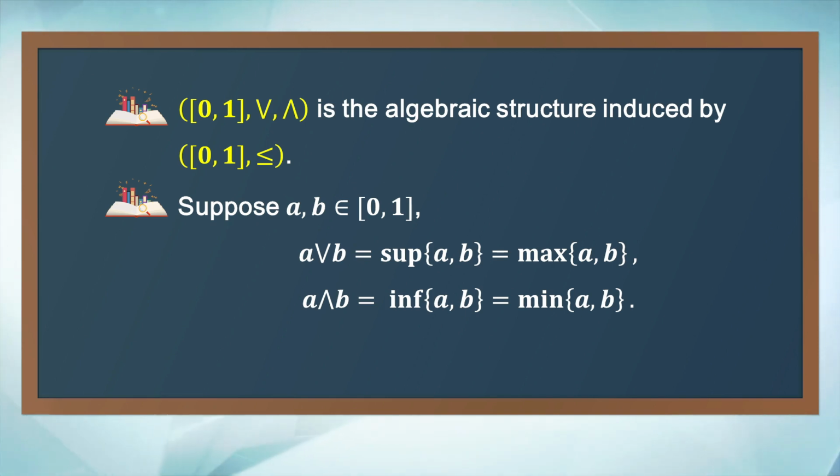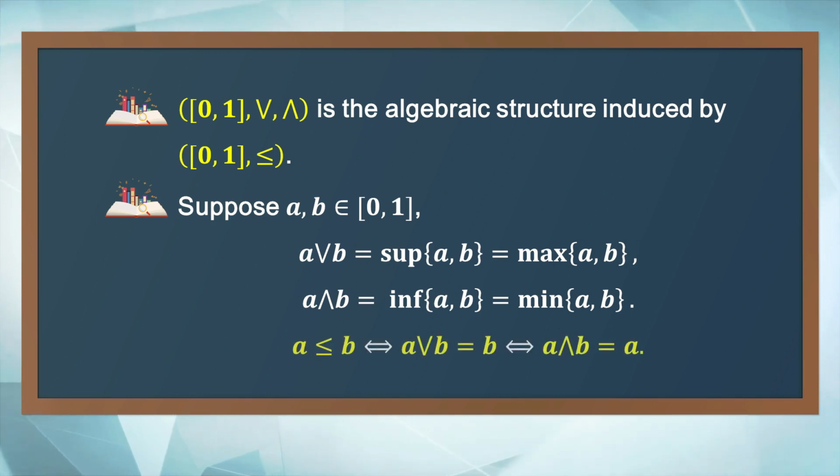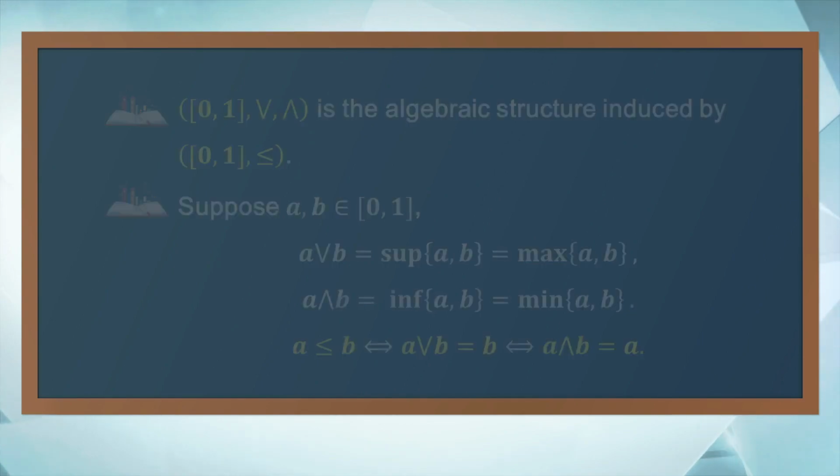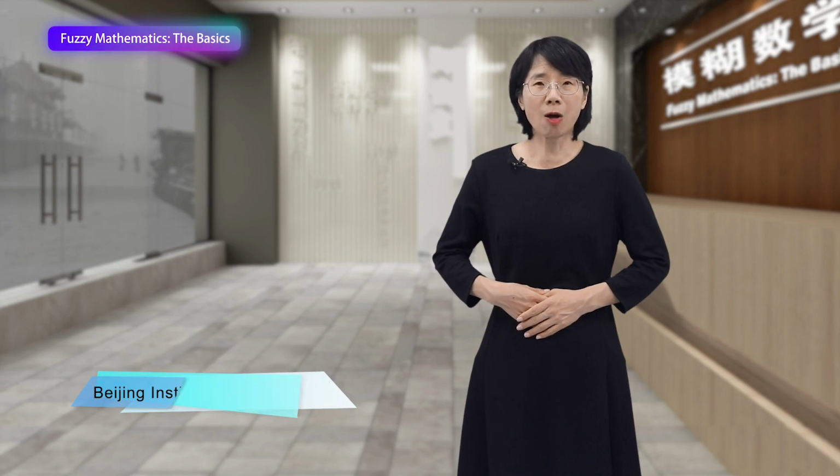The notations used here are consistent with those that we are familiar with. The relationship between the partial order and the two binary operations is as follows. A is less than or equal to B if and only if the join of A and B is B, if and only if the meet of A and B is A. Next, we are going to talk about the properties of the two binary operations in this algebraic structure.